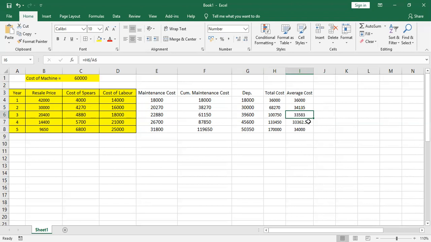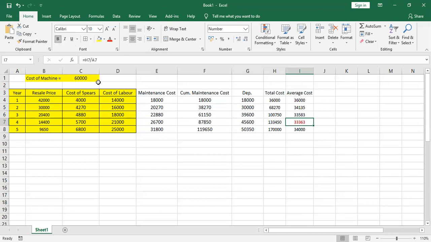Now, if we're talking about the next year, it comes to 33,363. Again, it reduced, but in the fifth year, it increased from 33,363 to 34,000. So it increased. So where is the minimum average cost?